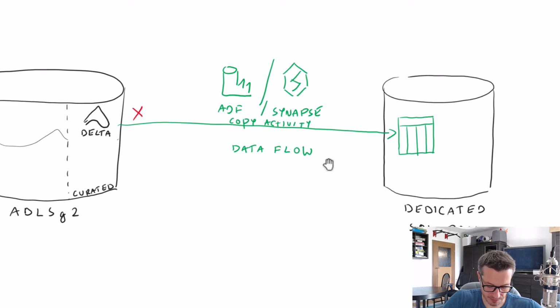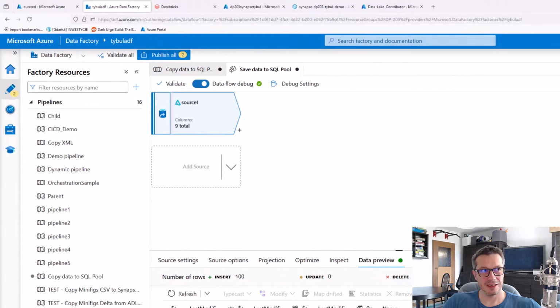So first of all, we know that Dataflow works to connect to Delta, and we used a linked service that had managed identity of data factory configured as a connectivity method. But then we have to connect to a dedicated SQL pool somehow. And what I will do is to simplify this process.